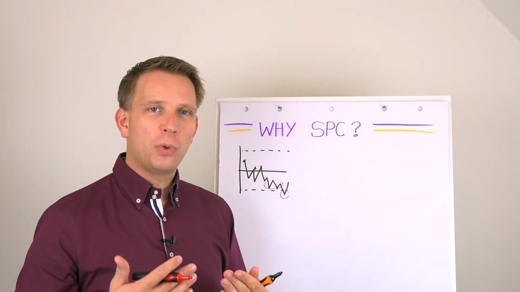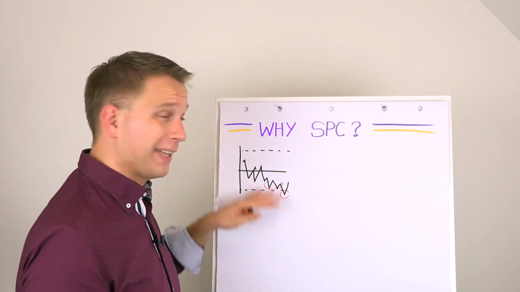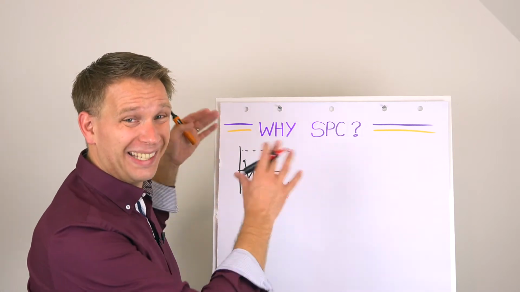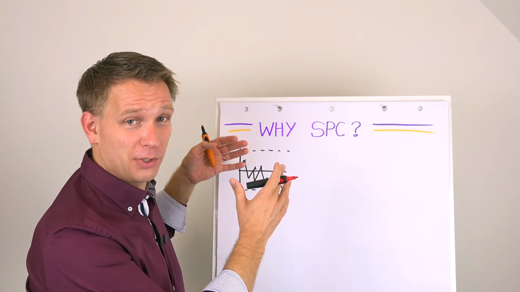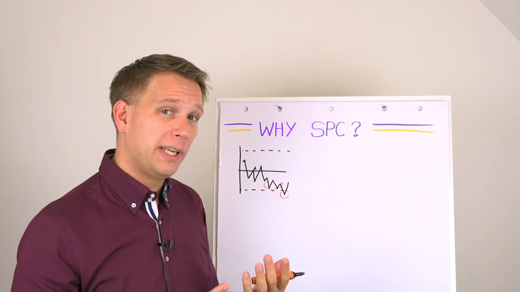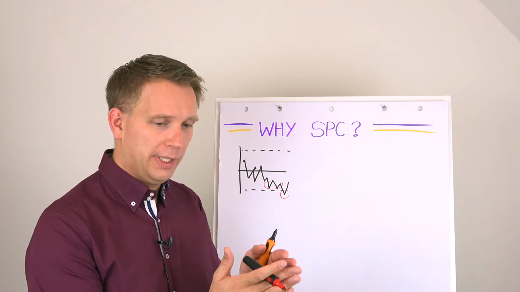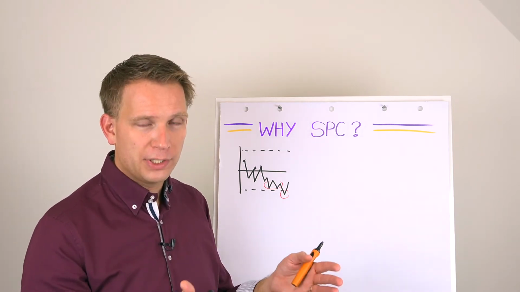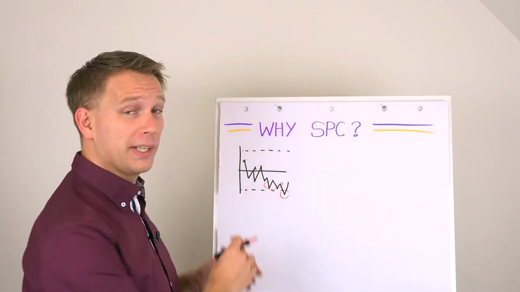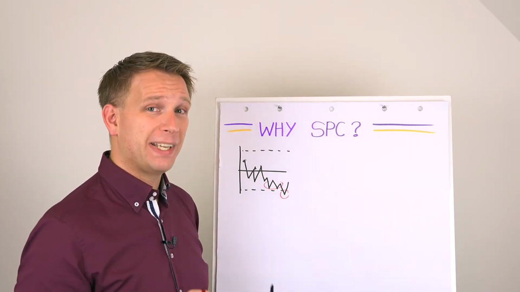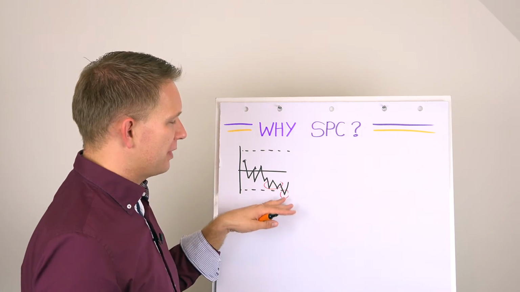It doesn't mean that we went over specs, because specifications don't really have anything to do with statistical process control. Now, of course, a smart company will check that we at least have processes that run within specs. But this tool by itself has no specifications in there. So maybe we're still within specifications.